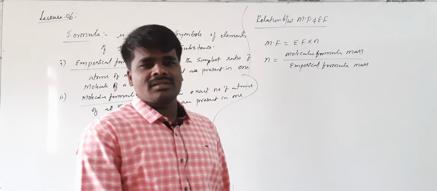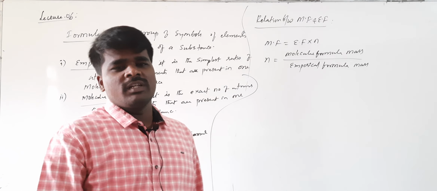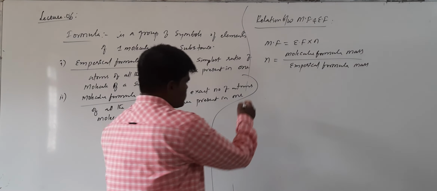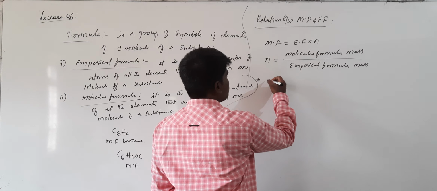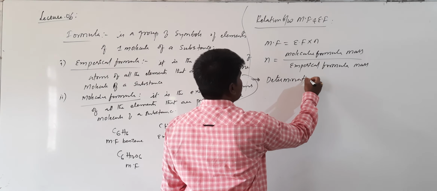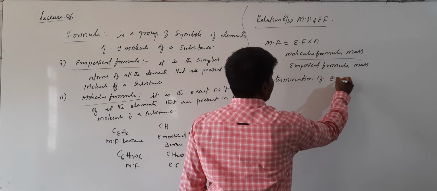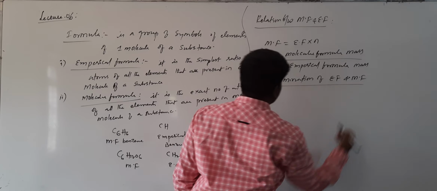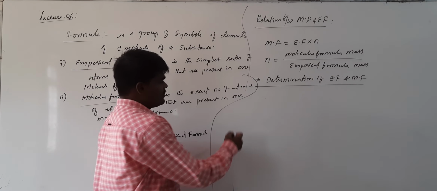We have discussed in the last class how to determine the weight percent of various elements by quantitative analysis. Now we will discuss the determination of empirical formula and molecular formula. We will discuss with an example.